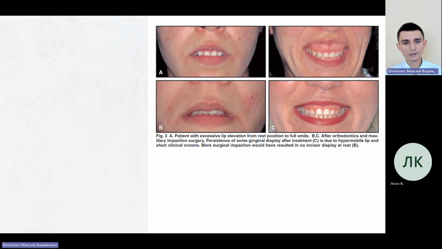On pictures B and C, after orthodontics and maxillary impaction surgery, persistence of some gingival display after treatment is due to hypermobile lip and short clinical crowns. Mere surgical impaction would have resulted in no incisor display at rest.